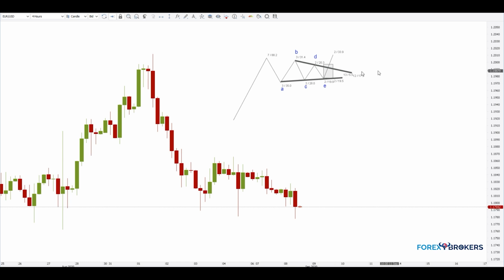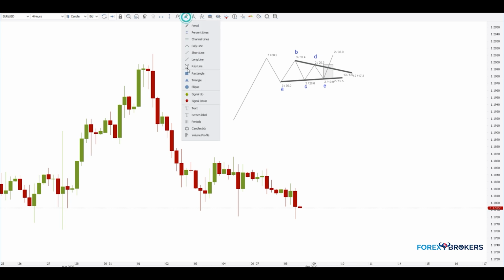They will not meet somewhere on the right side of the chart. Instead, they will meet somewhere in the left side of the chart. When the two trend lines finally meet, imagine that we have the extension of the B to D trend line here and the extension of the A and C trend line here.